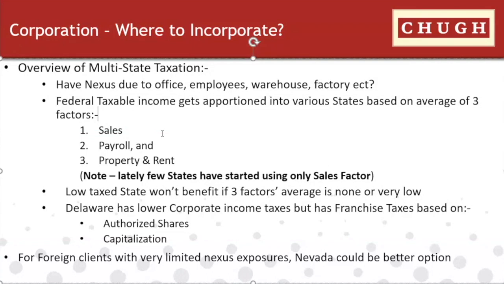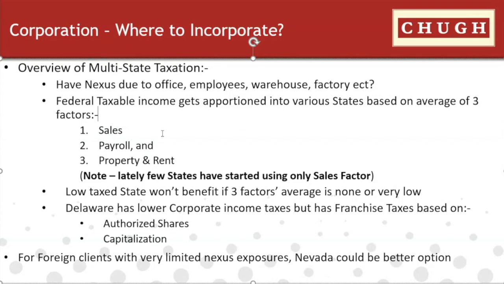Many times business owners are looking at Delaware or Nevada or any other state to incorporate there, but those will not be helpful if those states are not a major factor in the average of three factors. Even if you set up a company in Nevada, if you don't have customers, payroll, or property or rent there, then having a Nevada corporation is really no use from a tax perspective.